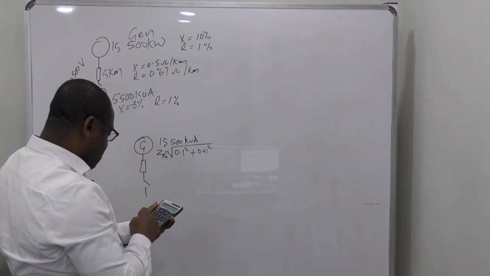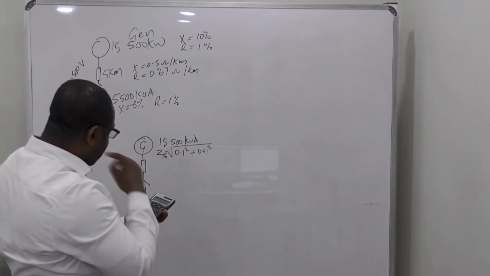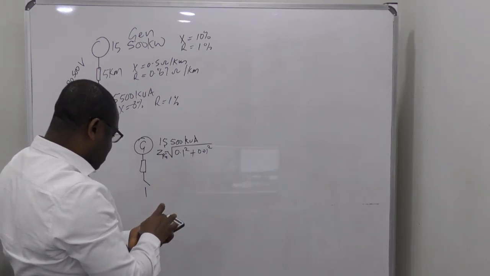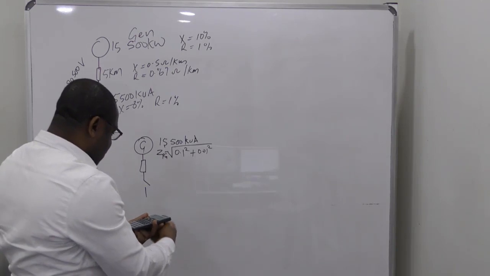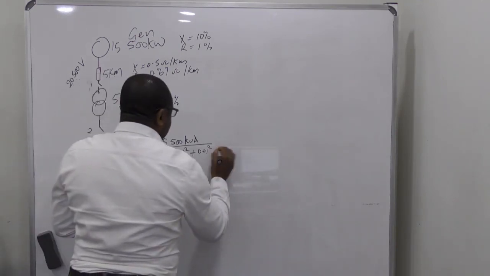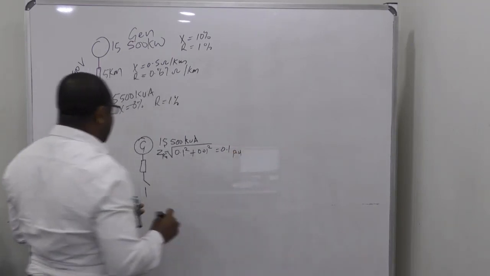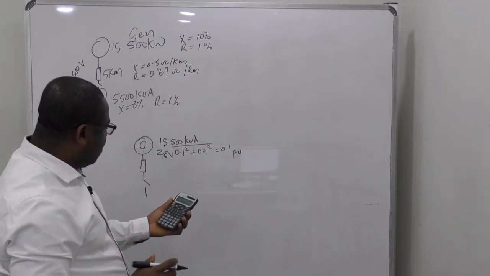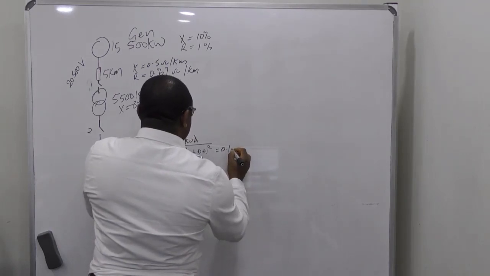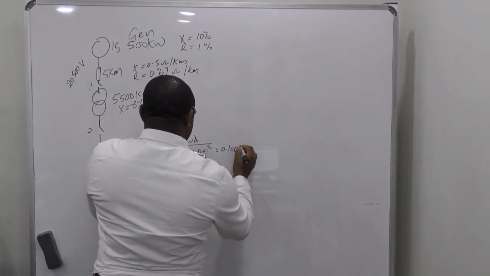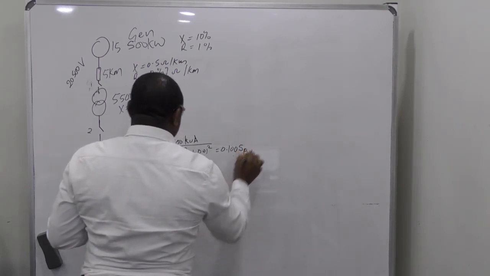The square root of that will give you 0.1005 in per unit. Okay.